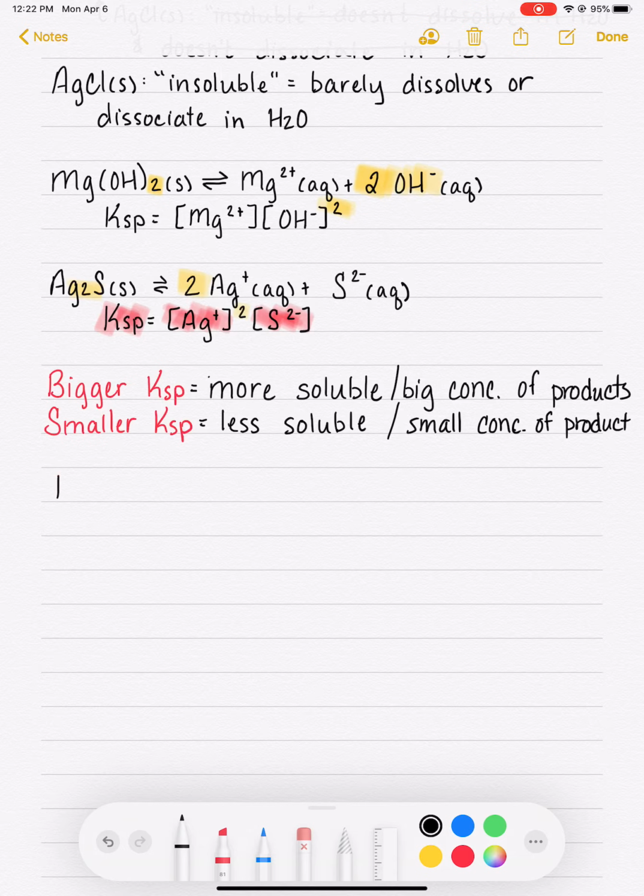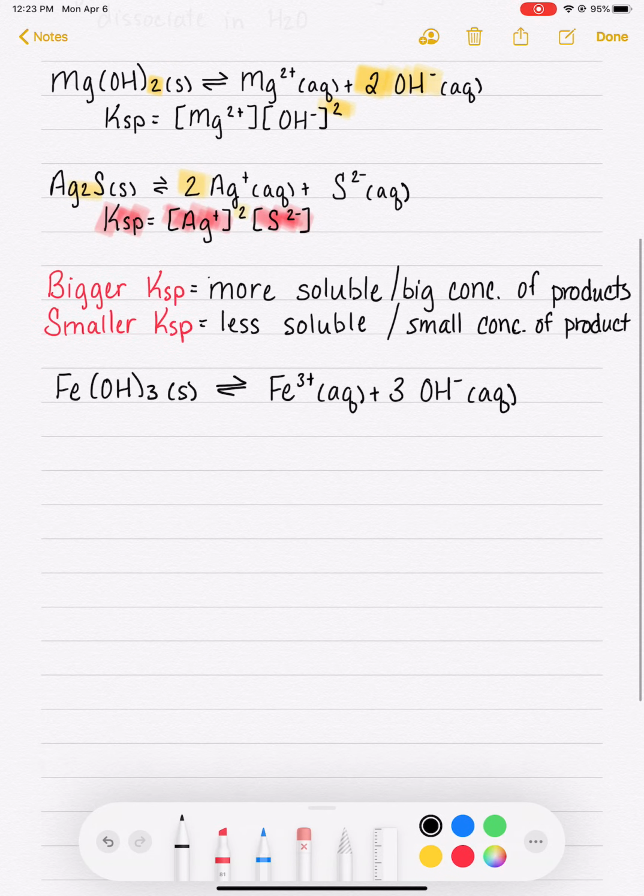I'm going to do one more. So Fe(OH)3, we're going to get real exciting here, in equilibrium with Fe3+ aqueous and 3 OH- aqueous. And let's write an equilibrium expression for that. KSP equals Fe3+ and OH- cubed.